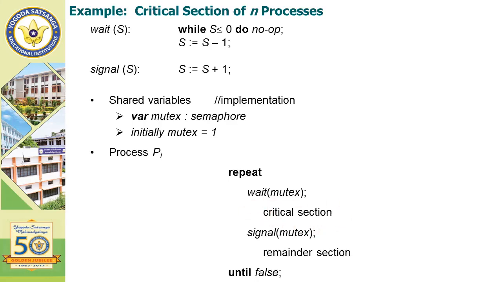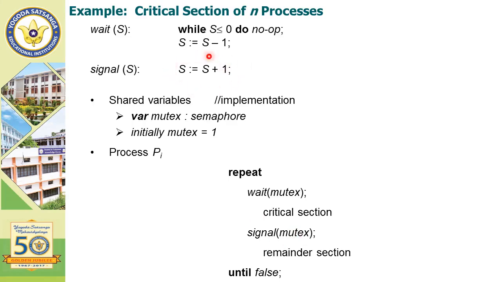Then it executes the exit section, that is signal mutex, which means s is equal to s plus 1. That s has a 0 value, it is incremented by 1. Now s becomes 1 and it exits from the section.